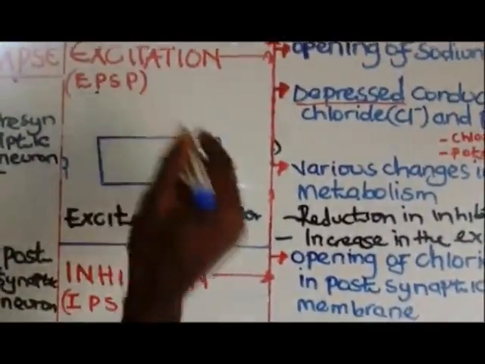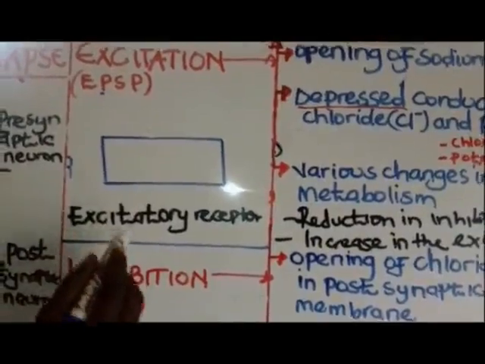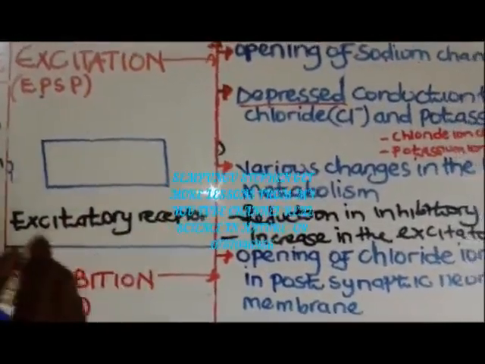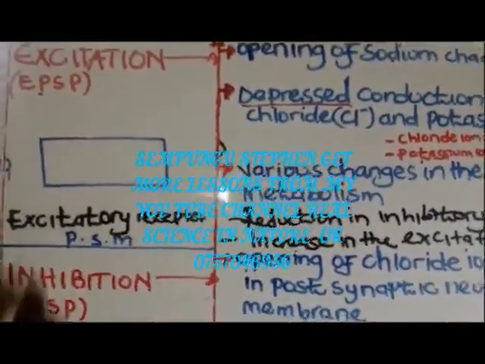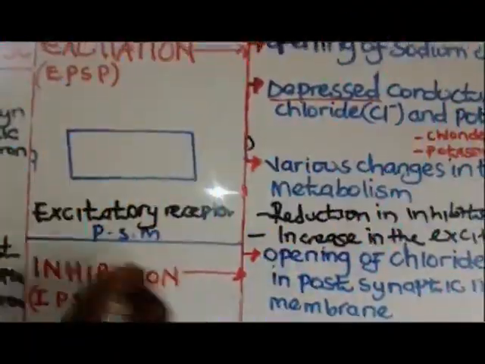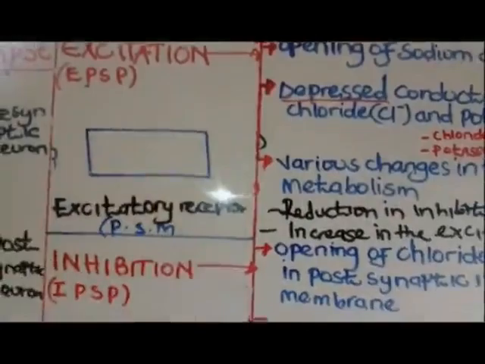How does excitation take place? Excitation is going to take place if we have what we call excitatory receptors at the point of the postsynaptic membrane. If we have excitatory receptors at the postsynaptic membrane, the following is going to occur.